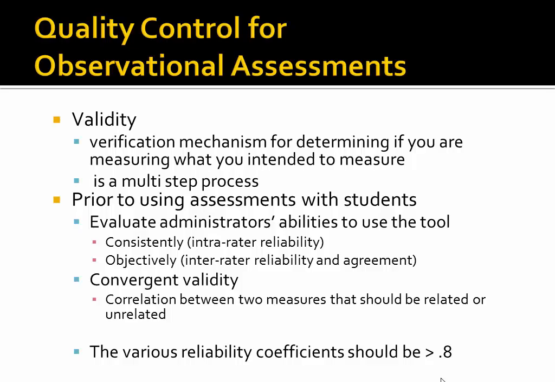So again, linked to national standards, like we've been talking about before, it's important to have a plan that matches your objectives. Once you have that plan, it's important to look at your observational assessments especially, but your whole unit overall, to make sure you're measuring what you intend to measure.